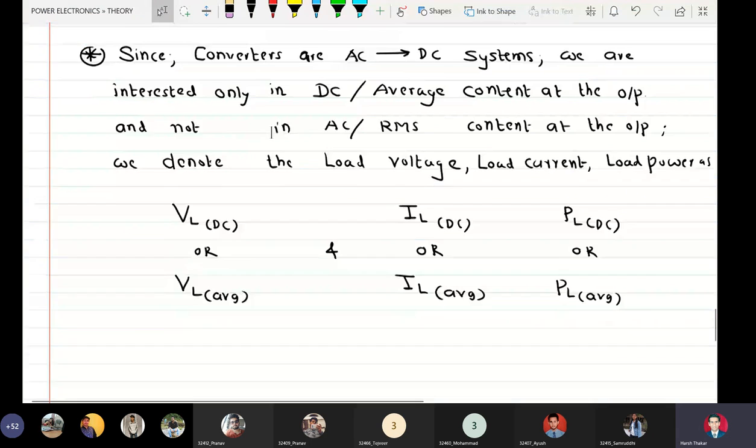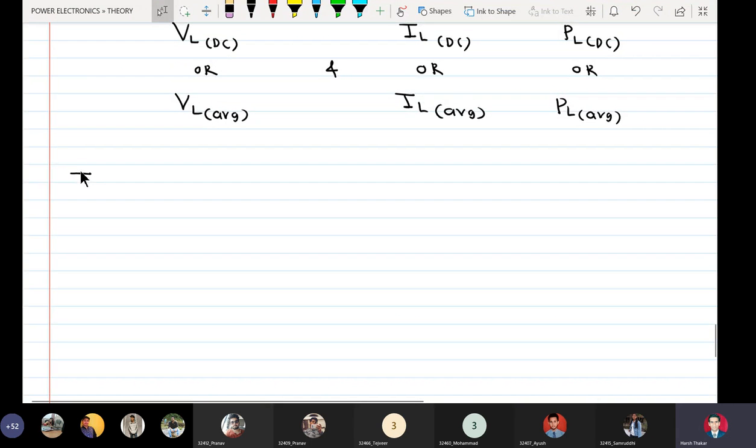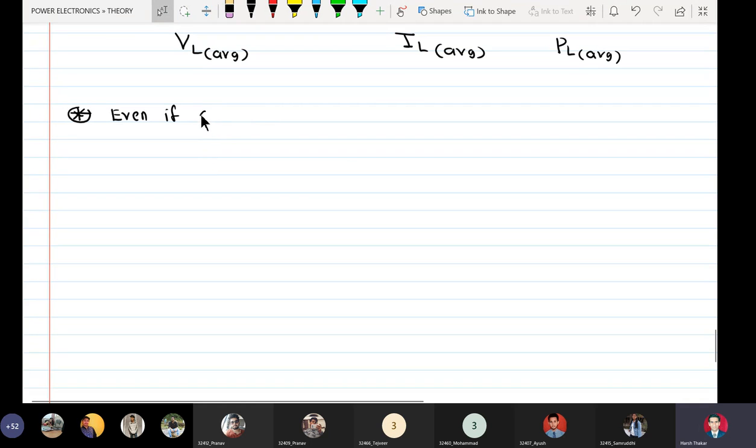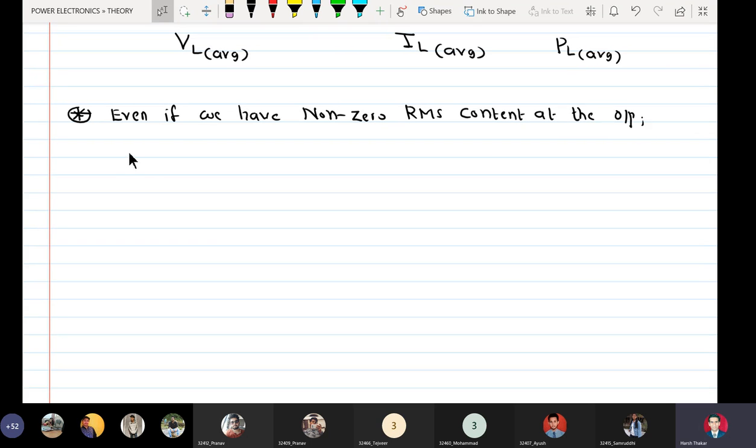Okay, that is why I make a point here that even if we have a non-zero RMS content at the output, we do not show any interest.